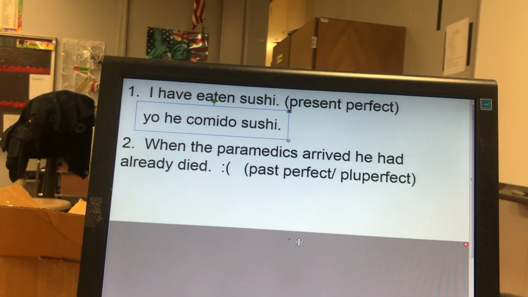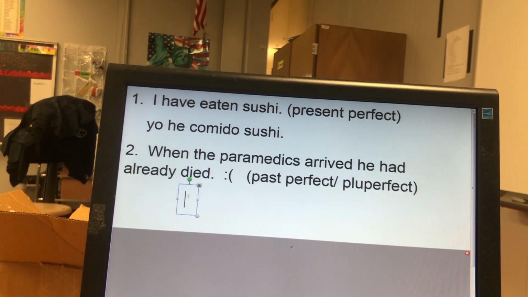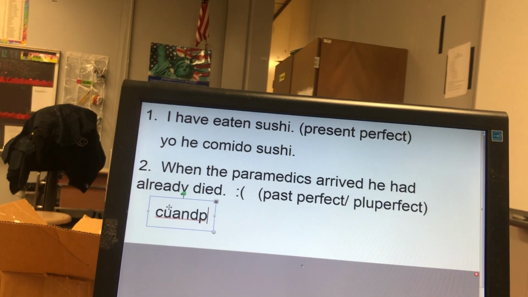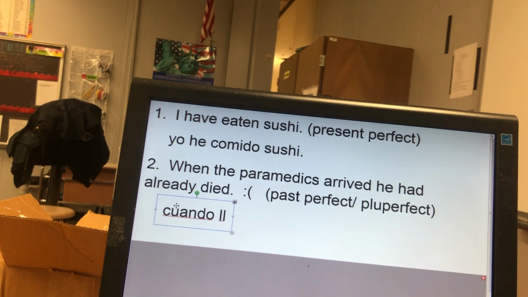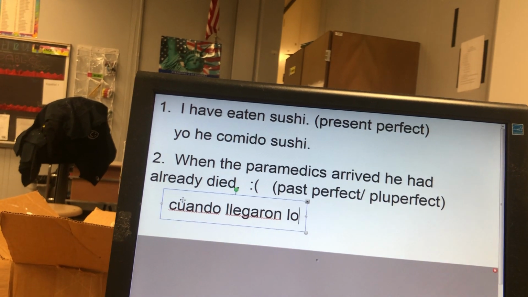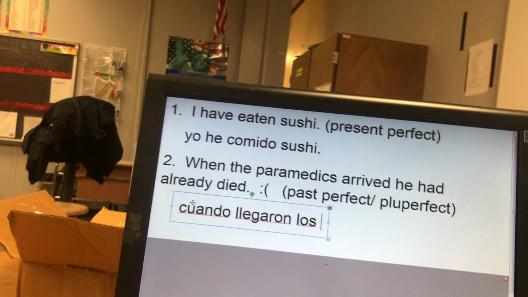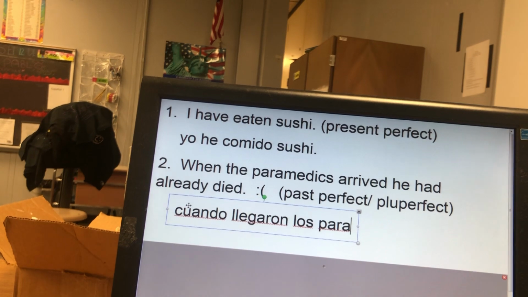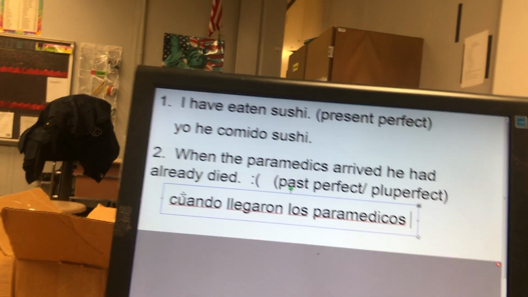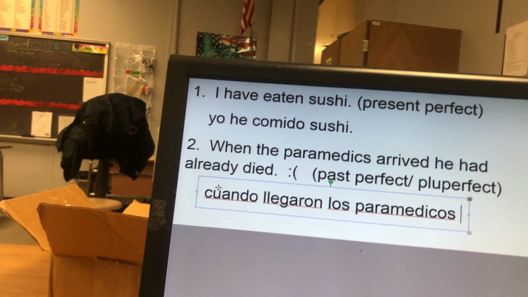The next example. This is the past perfect. When the paramedics arrived, he had already died. Cuando llegaron, that's the preterite, los paramédicos. El, oh gosh, and doing the accent with one hand is not going to work out.